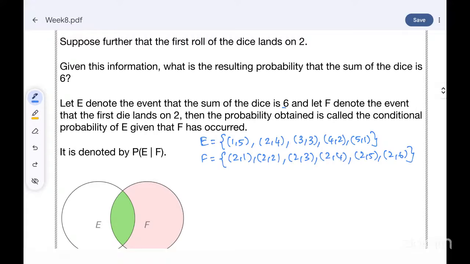So these are the entries. Now we are asked to find the probability of E given F. If it is E given F, we know that it is probability of E intersection F by probability of F. Now what is there in E intersection F?